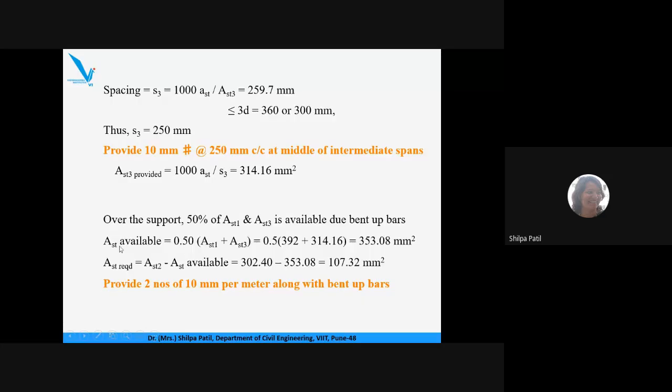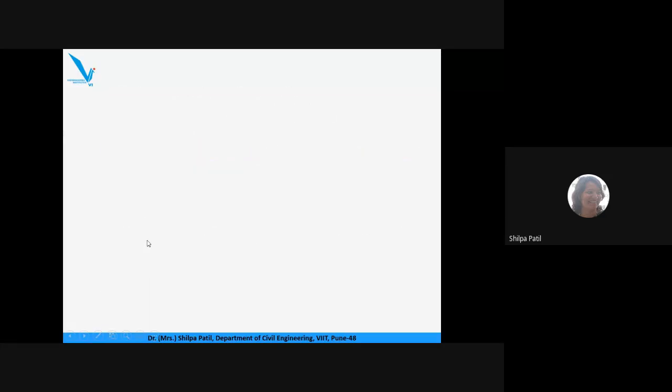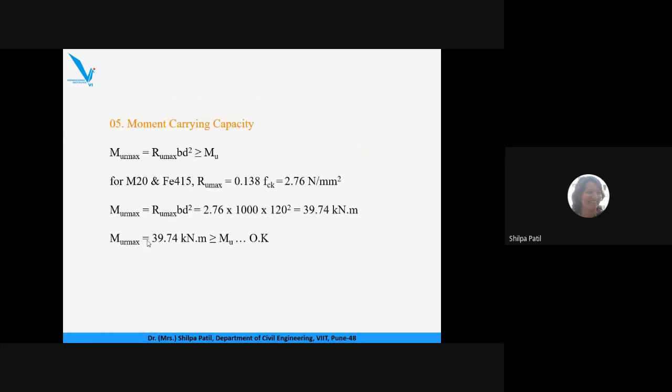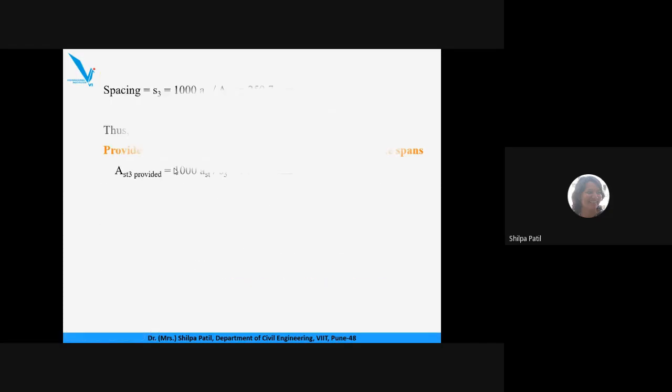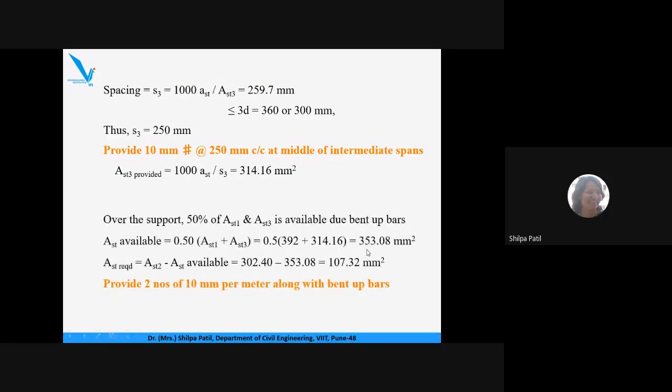Now what is the AST required at that support? For the support moments M2 and M4, we have already calculated AST2 and AST4, that is 460.4. That is the required area at that support. And how much is available? The available is 353. It means this is not sufficient. How much additional do we need to provide?